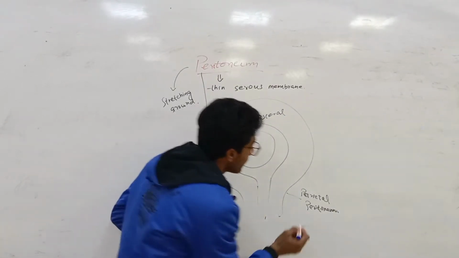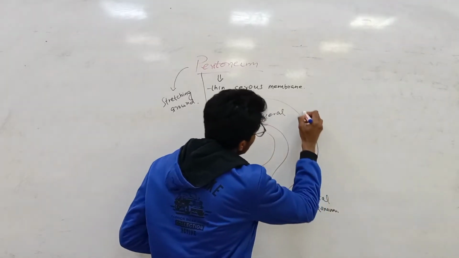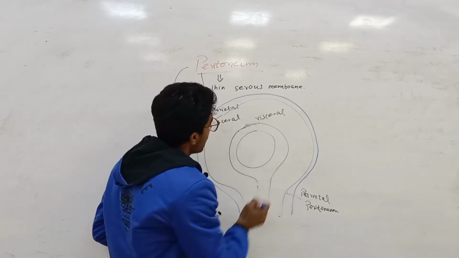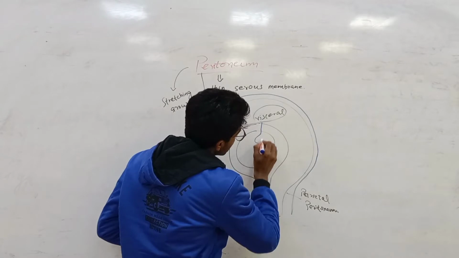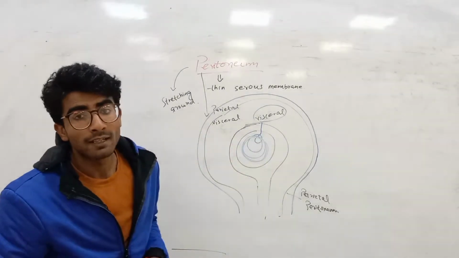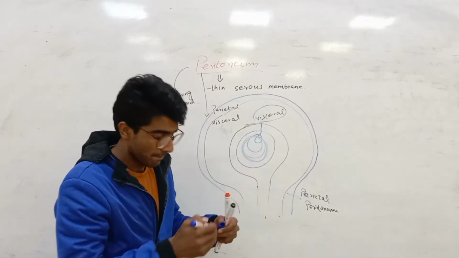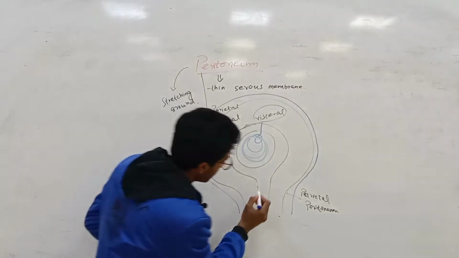Parietal peritoneum connects with the abdominal cavity, and visceral peritoneum covers the organs of the abdominal area. Sometimes the visceral layer is double like this.